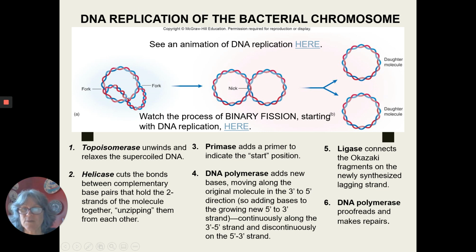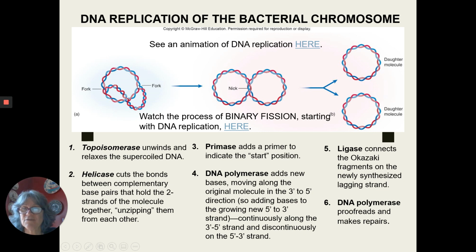The bacterial chromosome, because we're not moving in a thread, is replicated in two directions at the same time. So same enzymes: topoisomerase is going to unwind and relax the supercoils in my DNA. Helicase is going to cut the bonds between complementary base pairing.